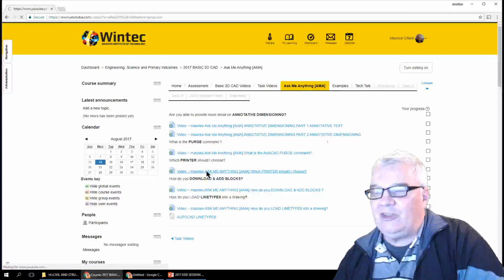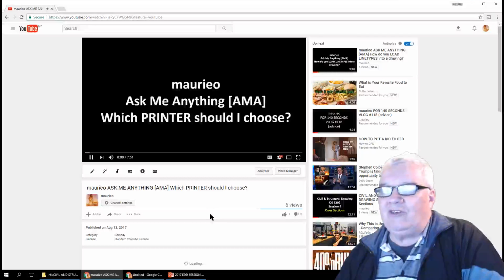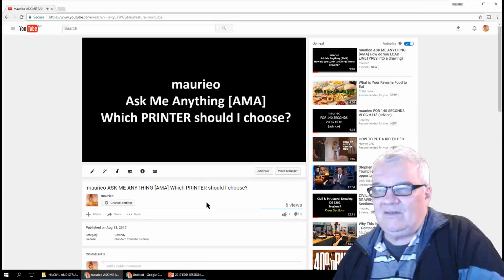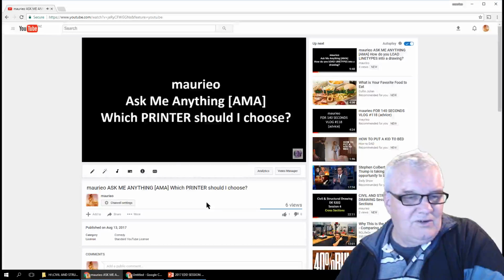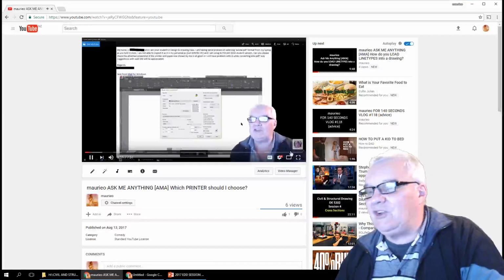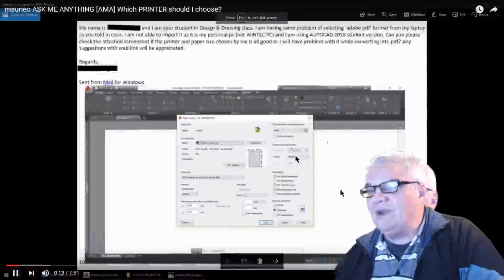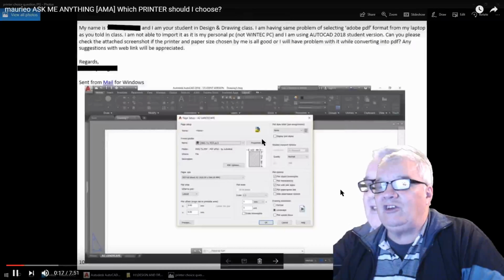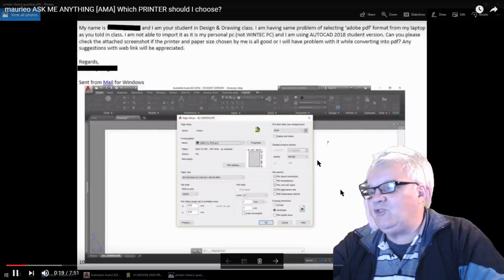Which printer should I use? Ask me anything. Which printer should I choose? So what I've done there, as you can see, I've actually put the letter and the question that I've received from the student there.